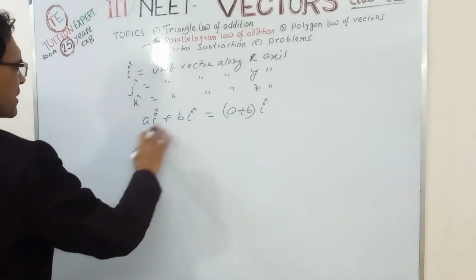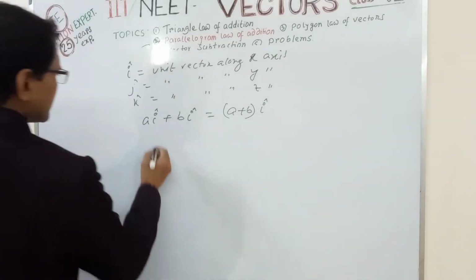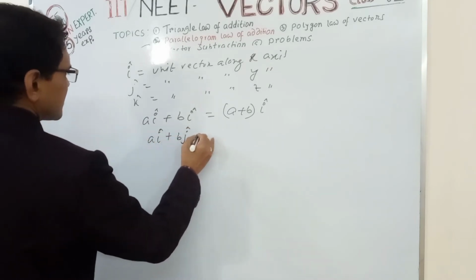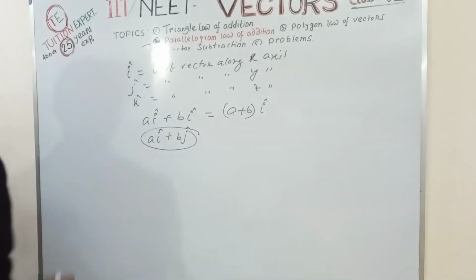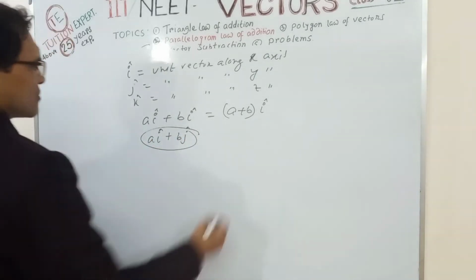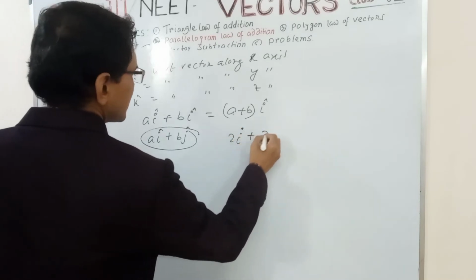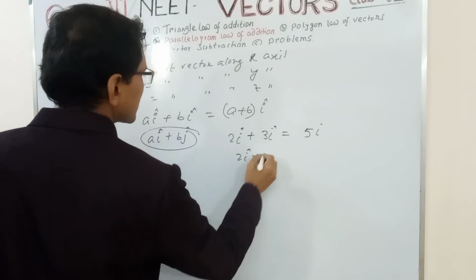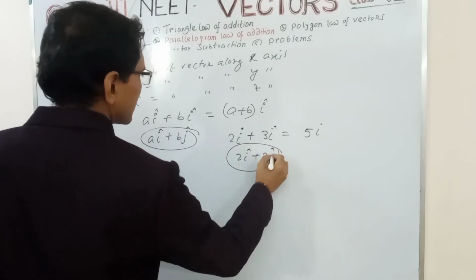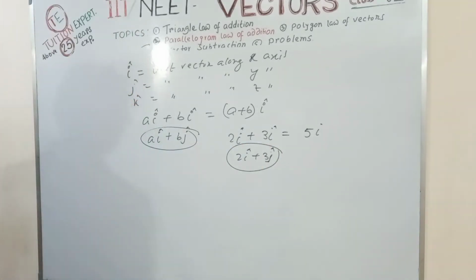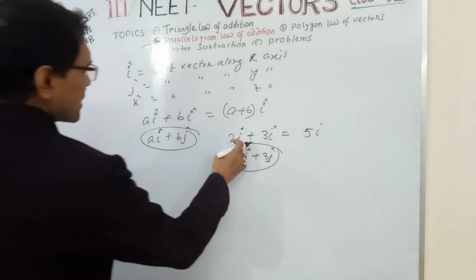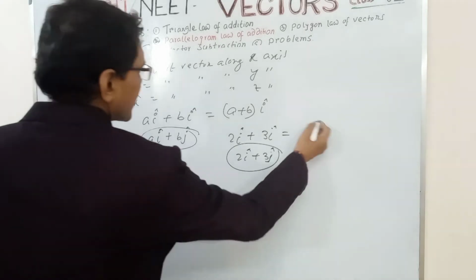So when the same vector is present, we can add. We cannot add i and j because they are in different directions. So 2i plus 3i we can write as 5i, but 2i plus 3j we cannot simplify because these are two different directions. If the vectors are along the same direction, then we can add.